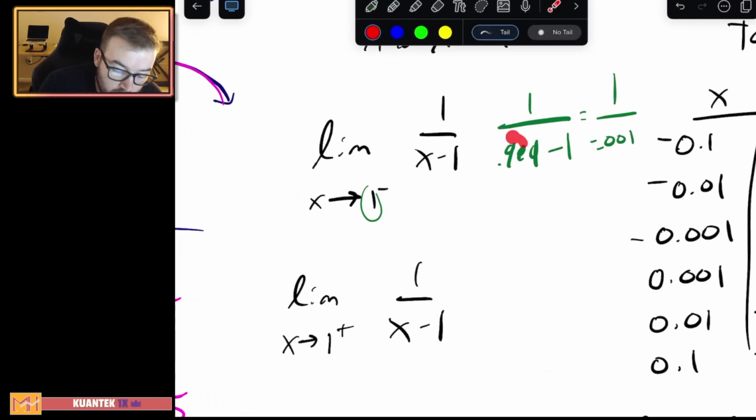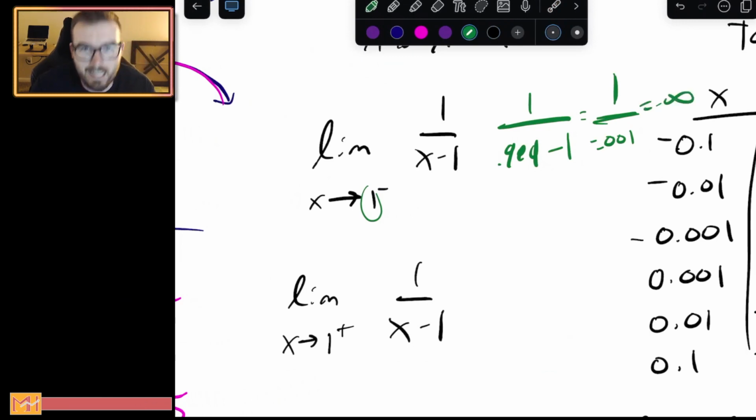And the closer we get this to 1, that means this solution is just getting smaller and smaller and smaller, but most importantly, it is negative. So 1 divided by this very small negative number is resulting in negative infinity.